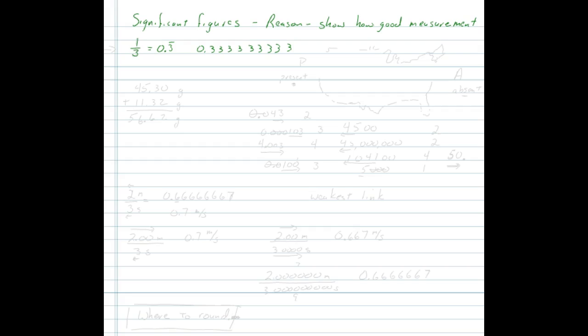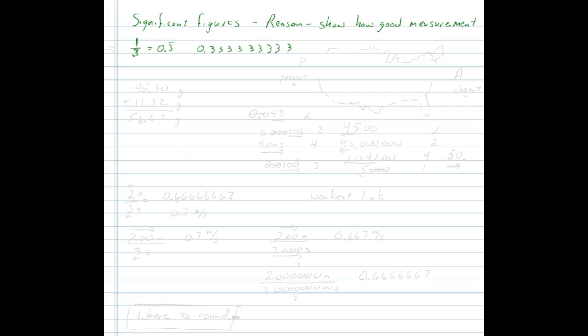But remember how we read our scales. You round it to the one smaller than your unit is. So if it's 1, that means it could be anywhere between 0.5 and 1.49. If it's 3, it could be anywhere between 2.5 and 3.4999.